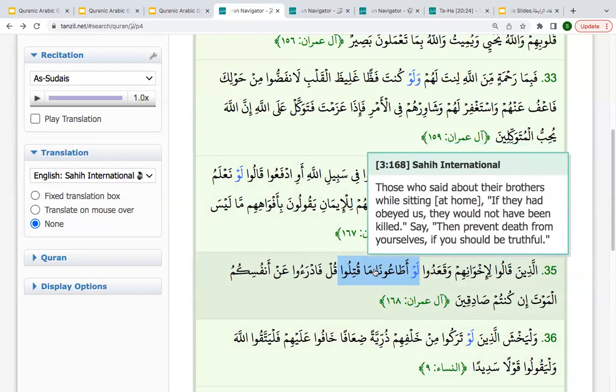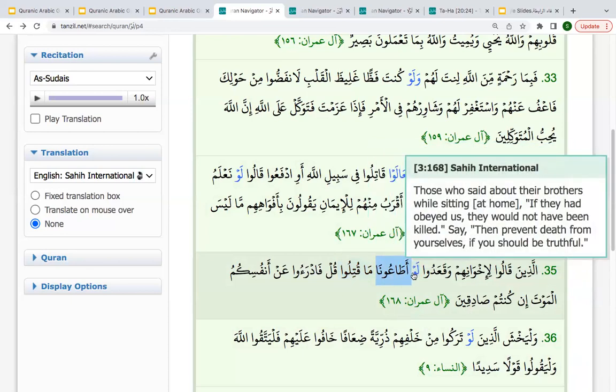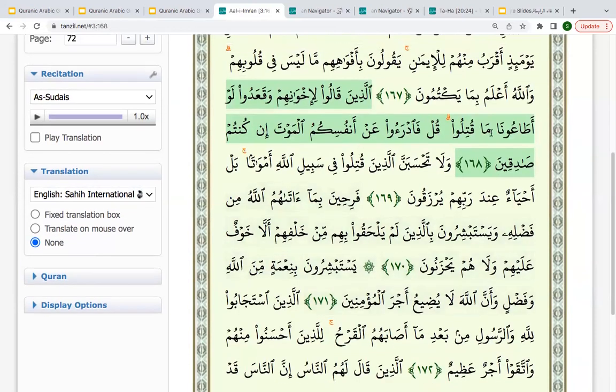Now let me translate it for you. Very well done. This is your jumla shartiya. If they had obeyed us, ma kutilu, they would have not been murdered or killed.